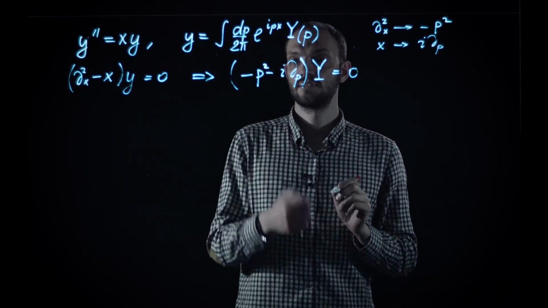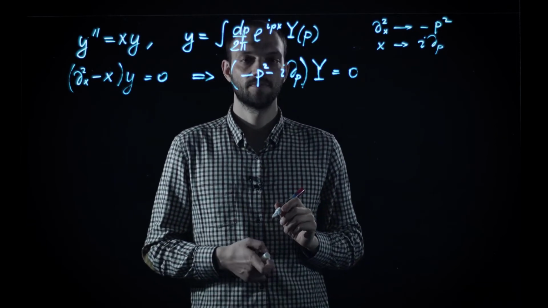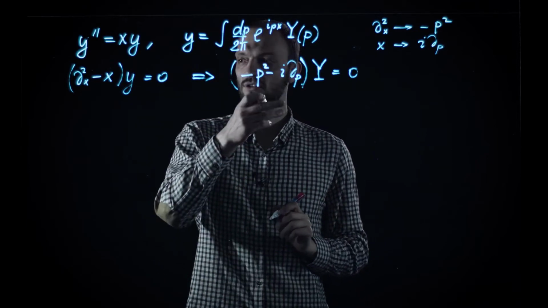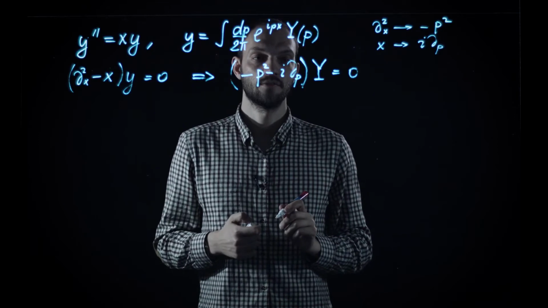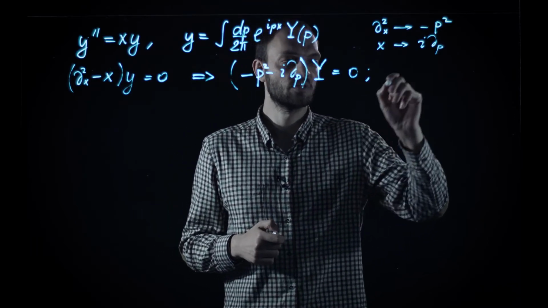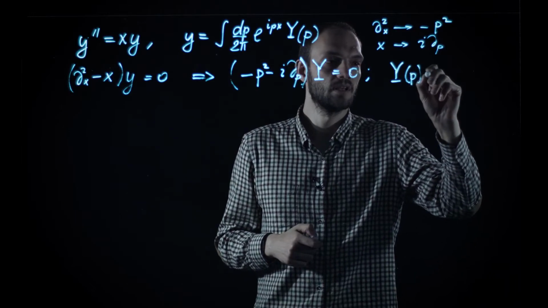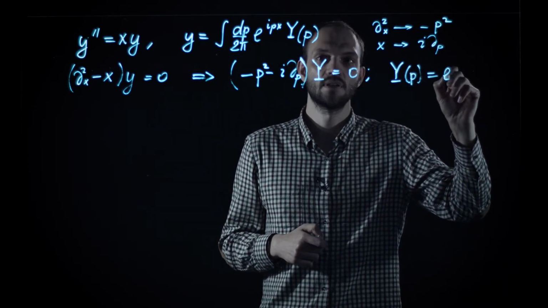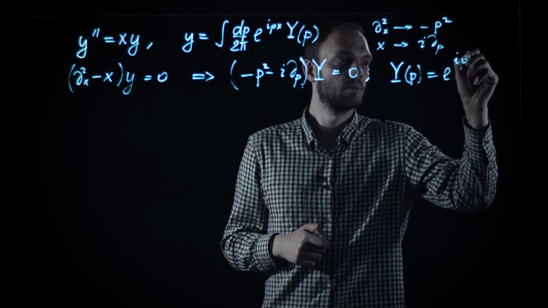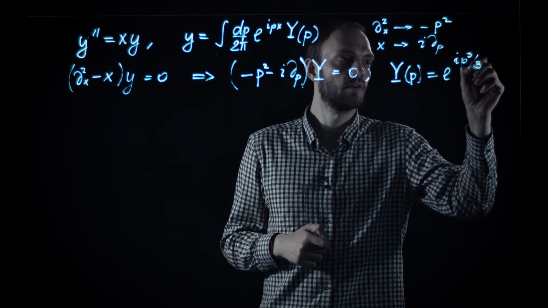And this equation is to a certain extent much simpler, first of all because it's of the first order, and in fact can be explicitly integrated with the result for y as a function of p equal to exponent of i p cubed over 3.